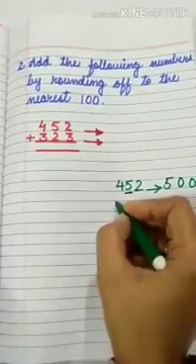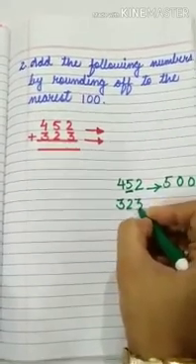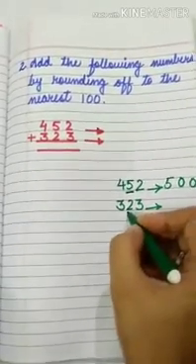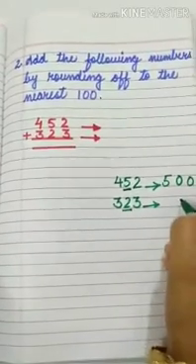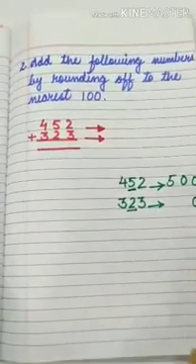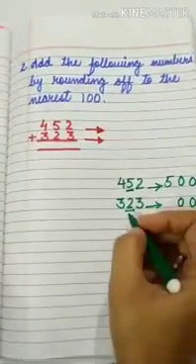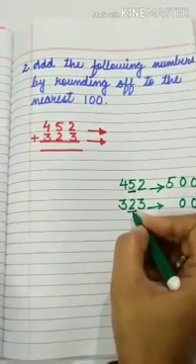Now our next number is 323. Again, what is the first step? We have to underline the tens place digit. This is our first step. Then we have to write down 0 at the ones place, then 0 at the tens place, and the next step is to compare this digit with 5, right?